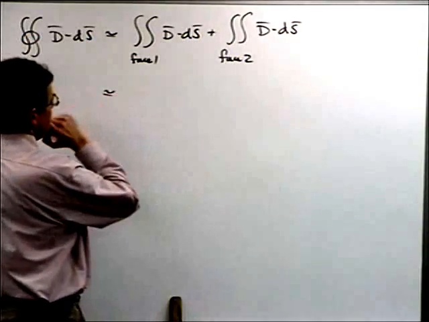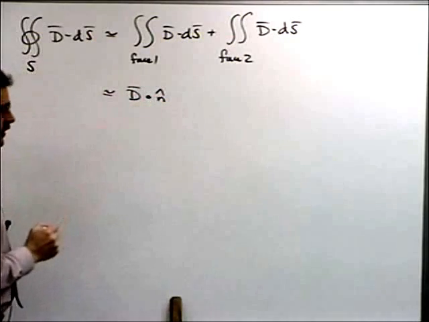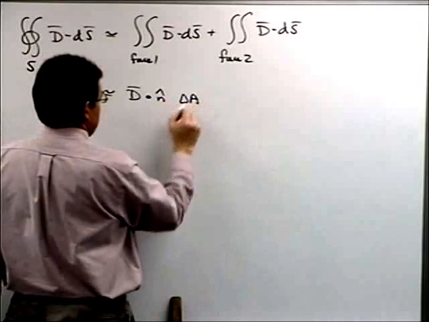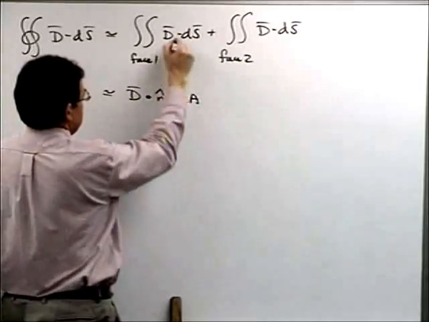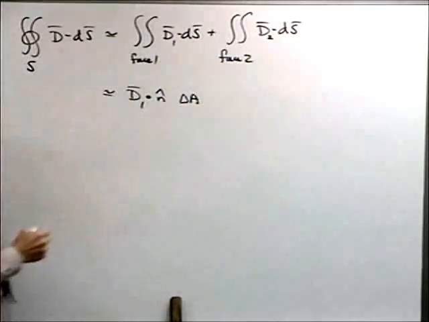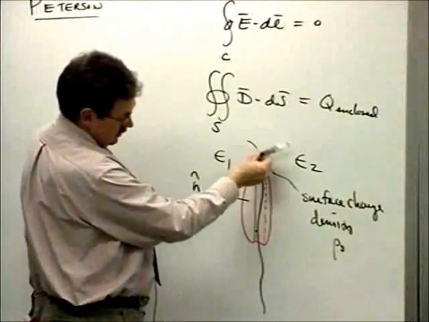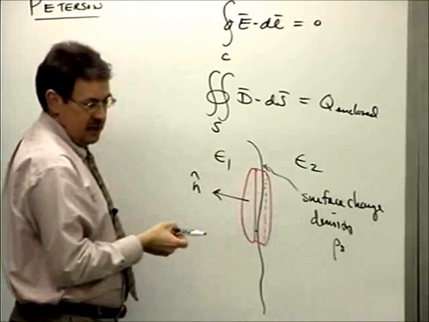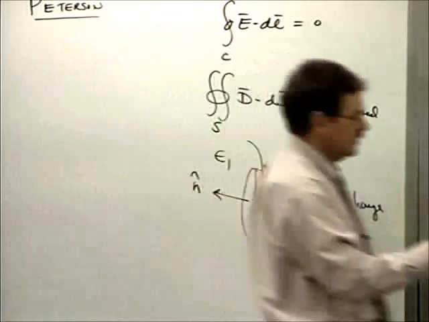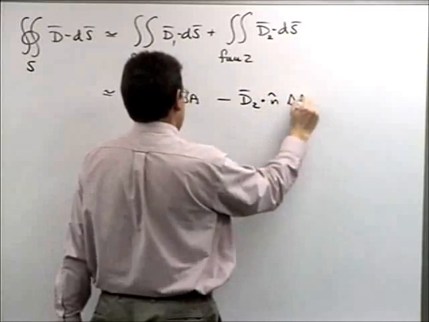So this is approximately going to be the D field dotted with the normal vector times the area, call that delta A, on face 1. This would be, of course, D1 and D2 now, since we're on these two different faces. And then by convention, when we're doing an integral over a closed surface, the normal vector always points out, so the dS vector back on side 2 is going to point in the minus n direction. So we'll have a minus sign in here. We'll have a D2 dot n delta A.